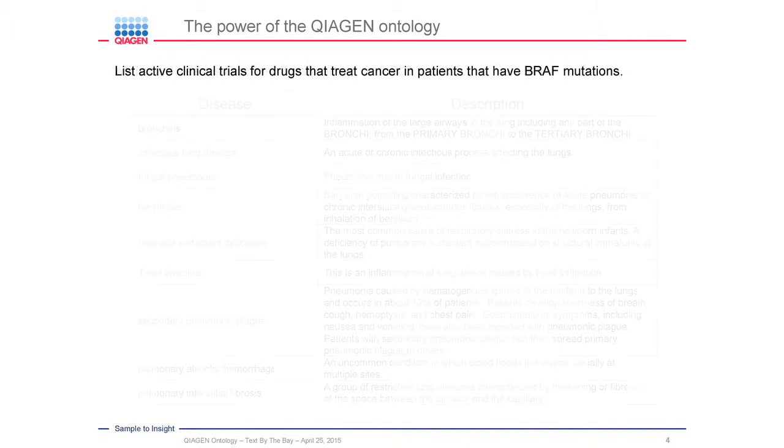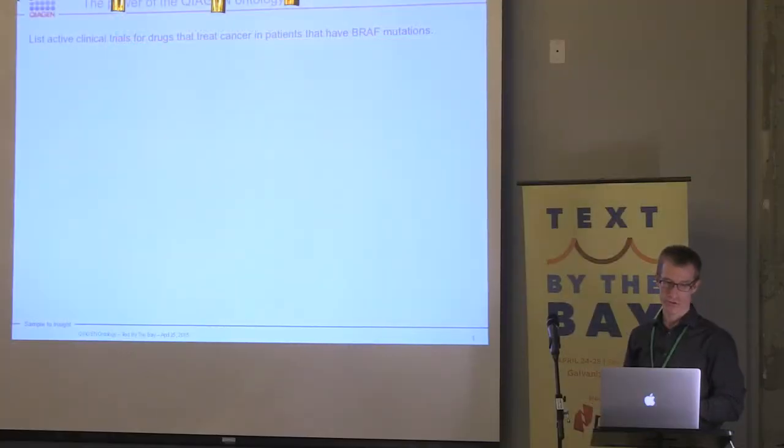So a more sophisticated question, or at least a more complicated question, would be to list the currently active clinical trials for drugs that treat cancer in patients that have mutations in BRAF. So BRAF is a gene.